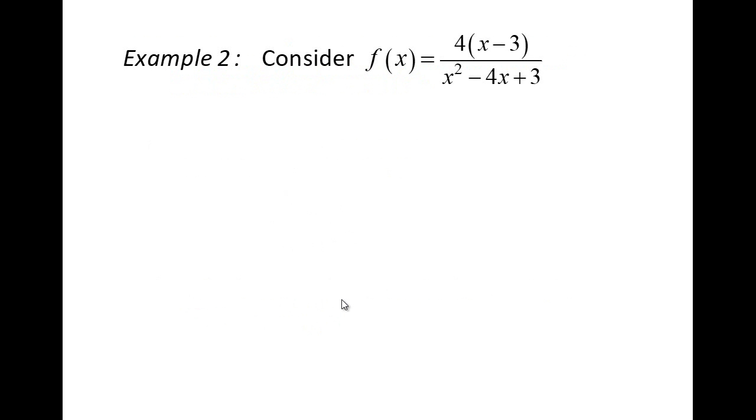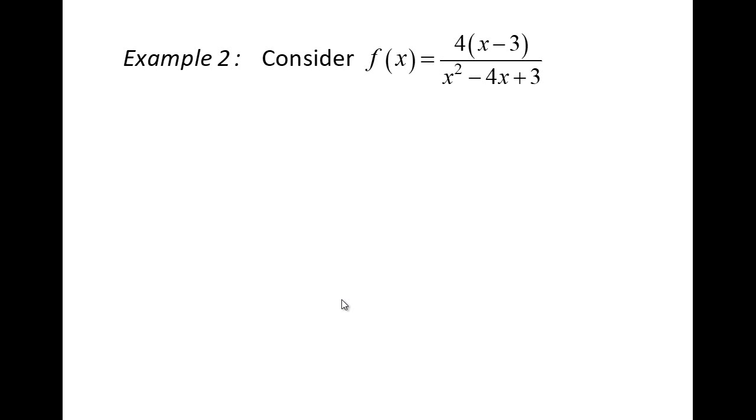So consider the function 4 times x minus 3 over x squared minus 4x plus 3. Before we try to find the vertical asymptotes, the first step is to make sure that f is in reduced form. How do I check that?